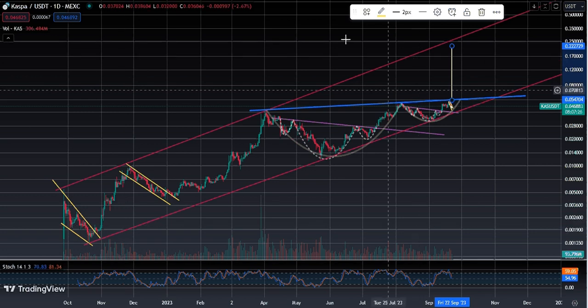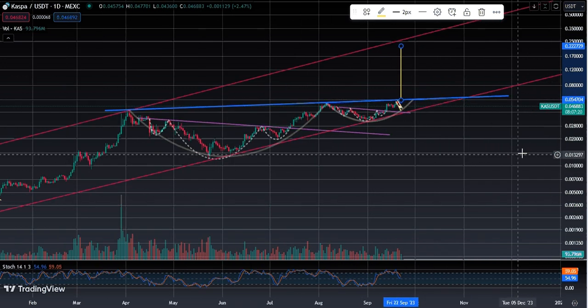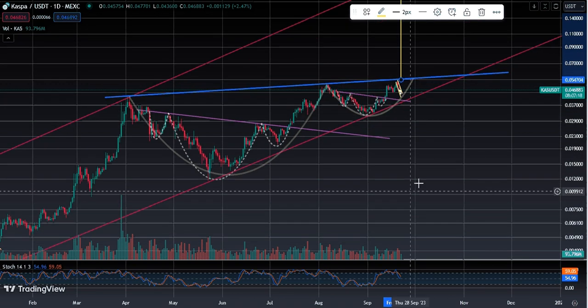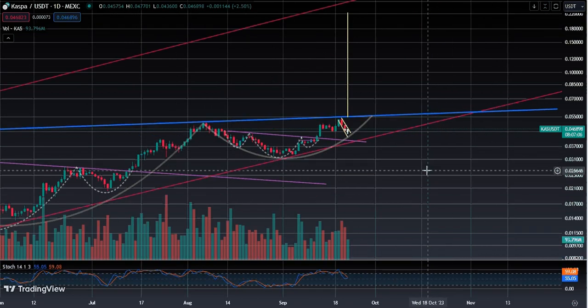So let's see going forward if we can get over this blue line here, because if we can, that is a powerful pattern that points us to a very significant gain. Right now, we are underneath this blue line by a fair amount.